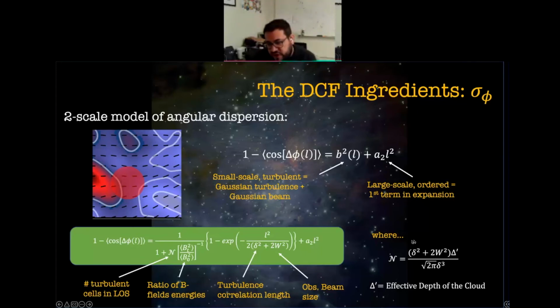The definition of the number of cells along the line of sight involves dividing the depth of our cloud into small cells that are characterized by the size of the turbulent cell, which is delta in that case. And this capital delta prime is what we call the effective depth of the cloud.